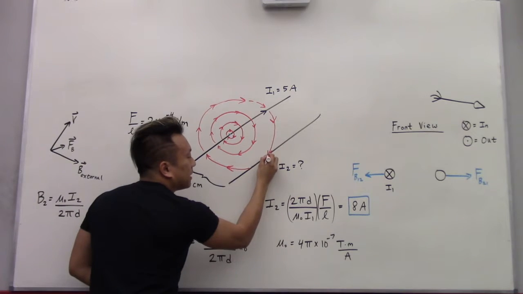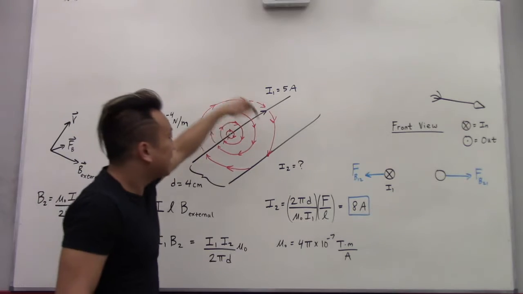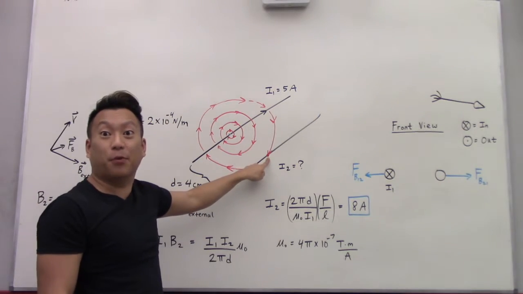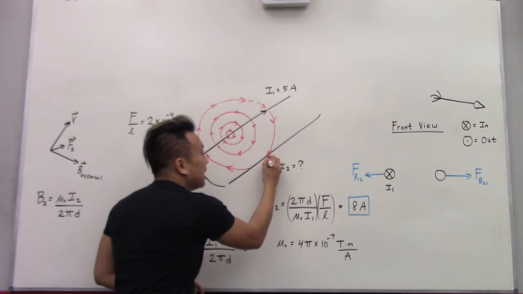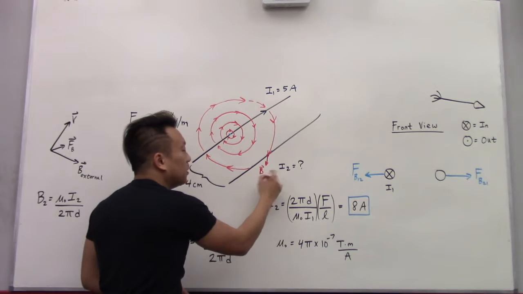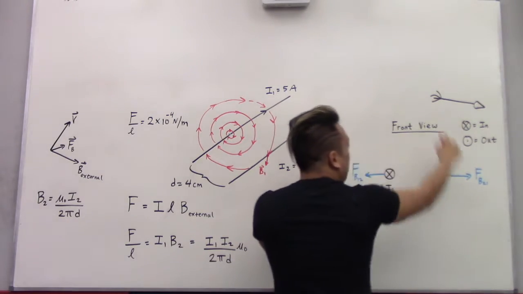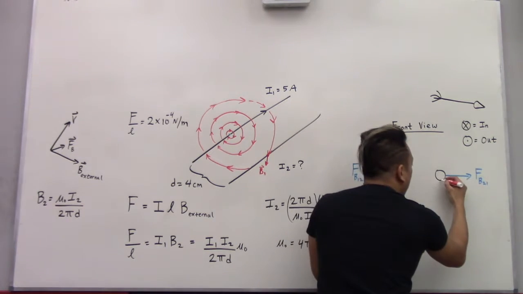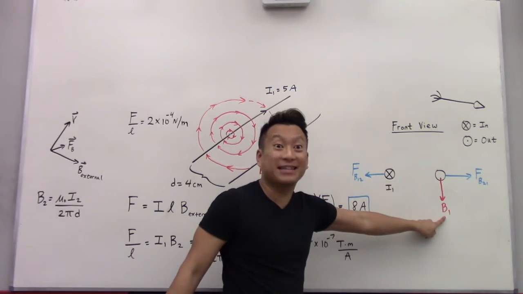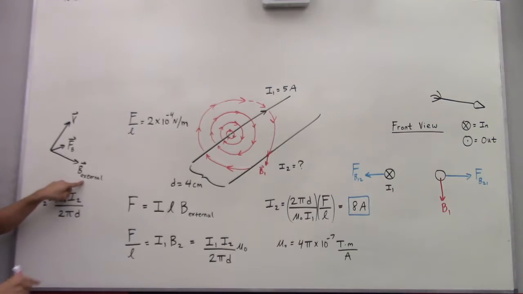It's a circle in this plane, so the field is tangent to that point. The magnetic field here is pointing down. That's the magnetic field from wire 1. So in this diagram, the circle goes like this, and the magnetic field from wire 1 is pointing down. And there we go, we have the external magnetic field.